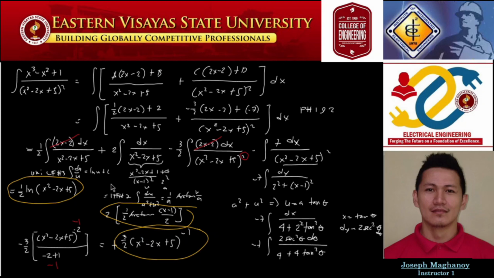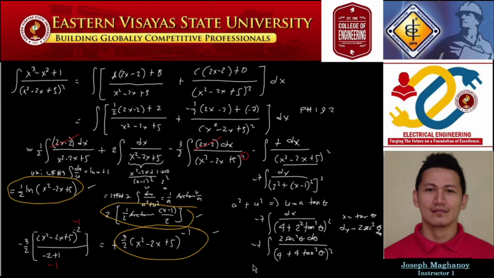So we're done with our first, second, and third terms, and we're working with our fourth term. After our trigonometric substitution, we have negative 7 integral of 2 secant squared theta d theta over 4 plus 4 tangent squared theta. Don't forget the power. Since this is a distinct quadratic factor, we still have the square here, so both are squared.